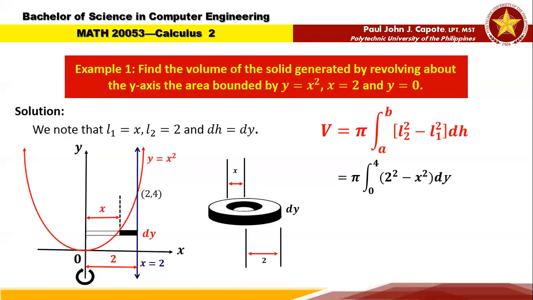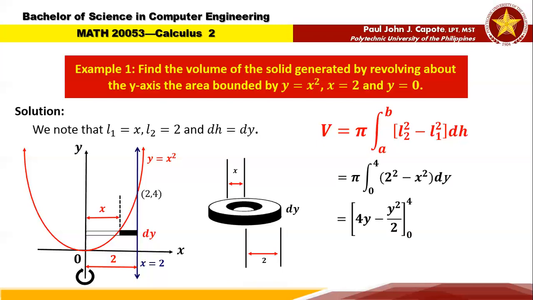We'll use the function y equals x squared. So we substitute y to x squared and then integrate it. So we have the integrand 2 to the power of 2 minus x squared.